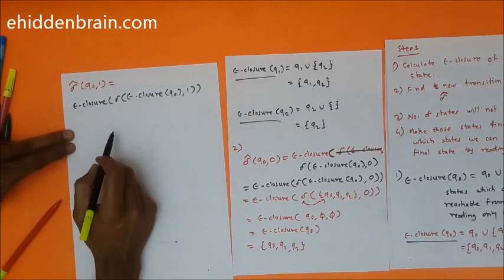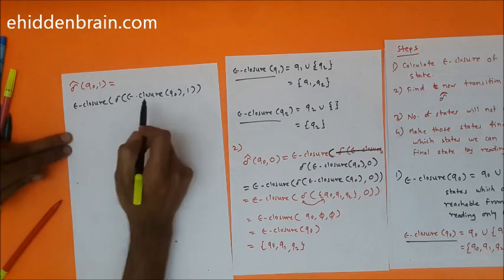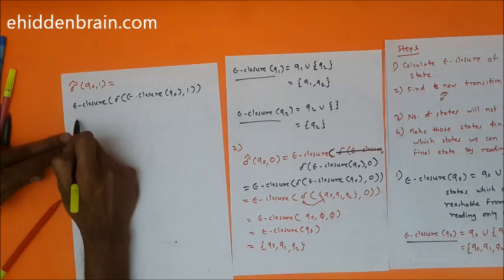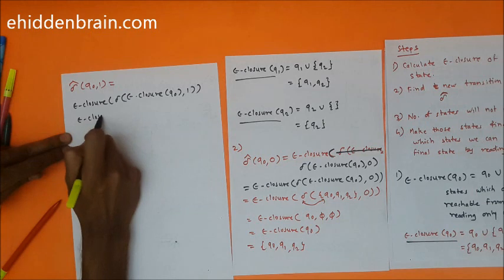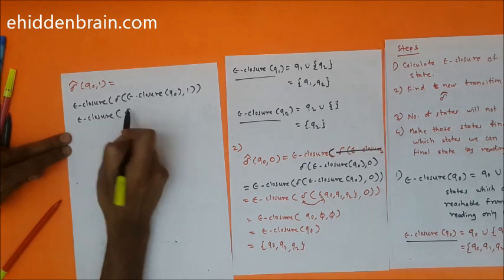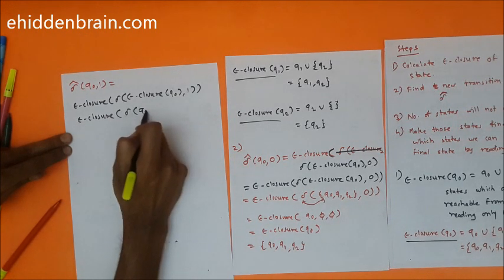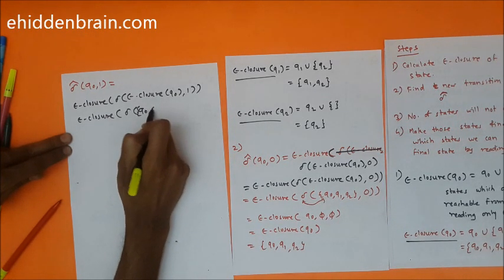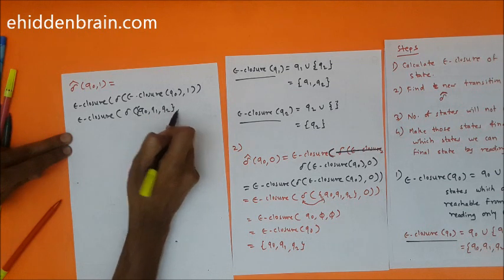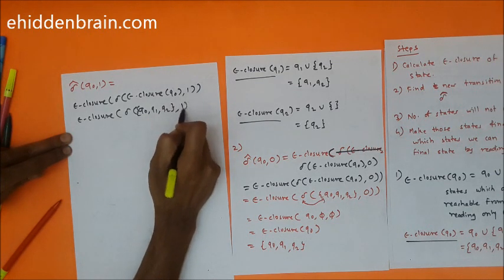So this is what we are worried about now. What is the epsilon closure of Q0? We know that. So again write the epsilon closure of delta, and the closure of Q0 is the set Q0, Q1, Q2, and then 1 will be there.